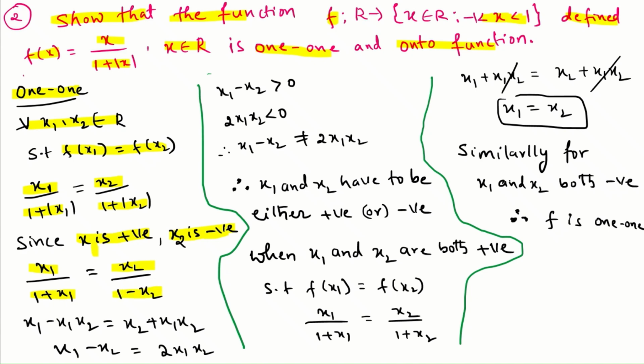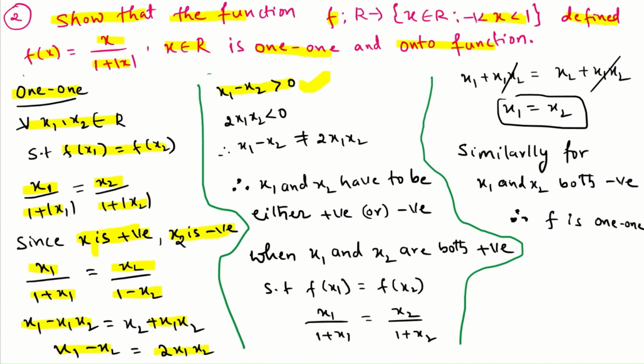If you cross multiply and simplify you will get x1 minus x1 x2 is equal to x2 plus x1 into x2. Then finally x1 minus x2 is equal to 2 x1 into x2. It's not possible because x1 minus x2 is greater than 0 as per the definition, since I took x1 as positive and x2 as negative.